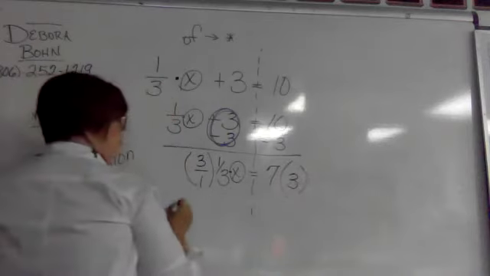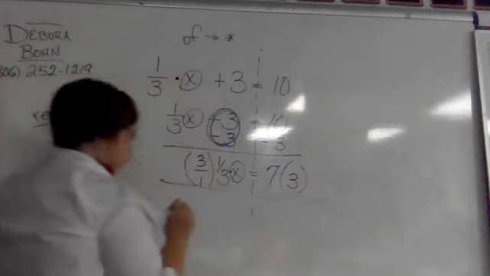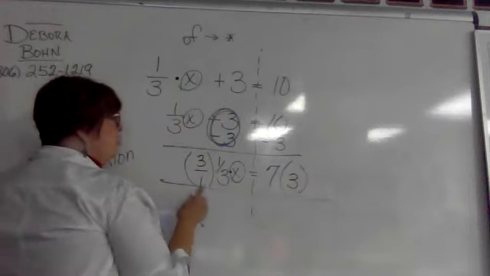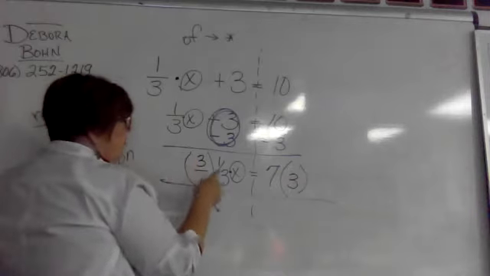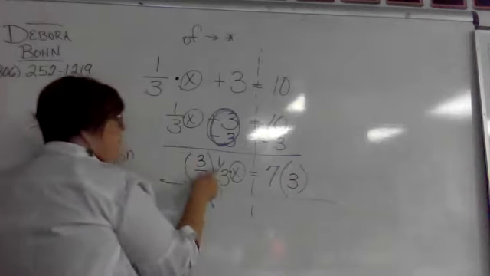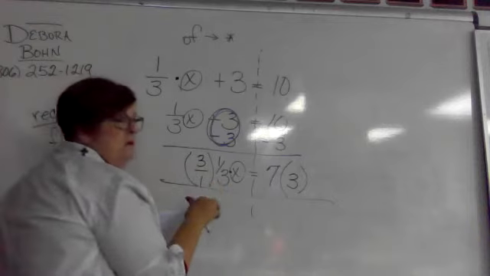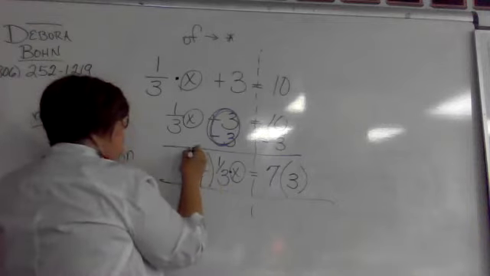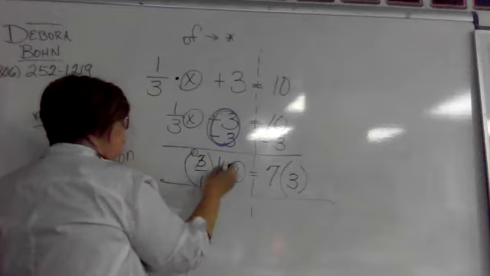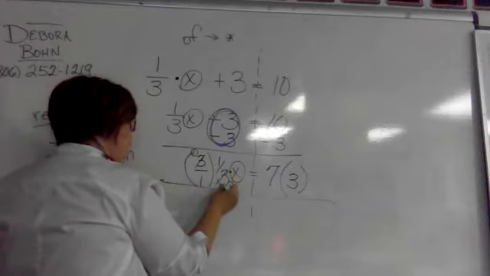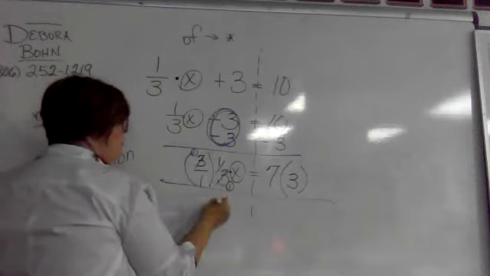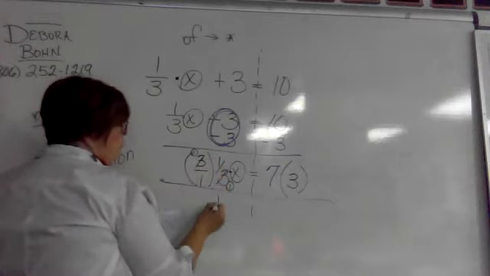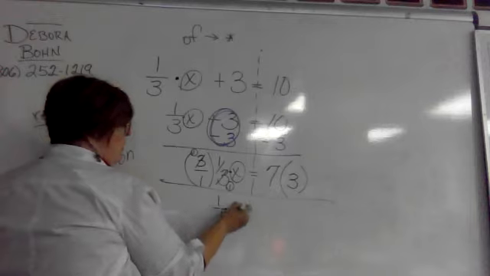Okay, so now we're ready to try to figure this out. Notice that I have a numerator and a denominator that can be divided by the same thing. So I cancel this and make it a 1, because it'll divide by 3. This will divide by 3, and I've got a 1. So I've got 1 times 1 on top, 1 times 1 on the bottom, and an x.